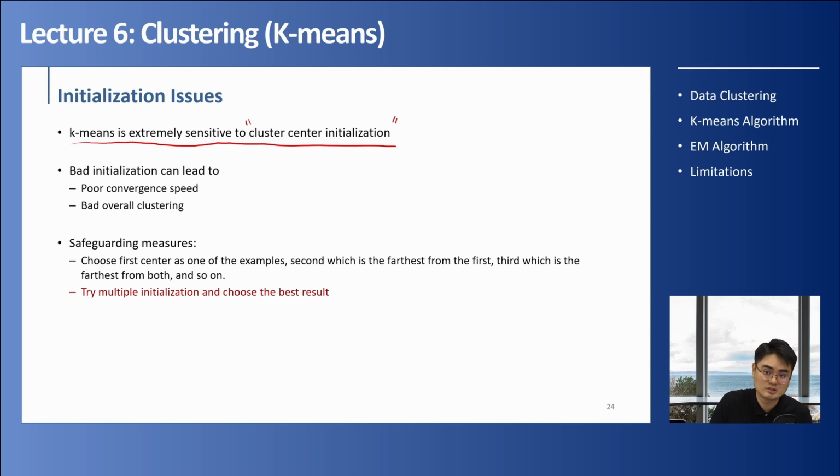And bad initialization can lead to poor convergence speed or bad overall clustering, which we don't really want to have. So the important thing to overcome these initialization issues is to try multiple initializations and choose the best result. In practice, this will help you a lot in achieving good k-means clustering results.